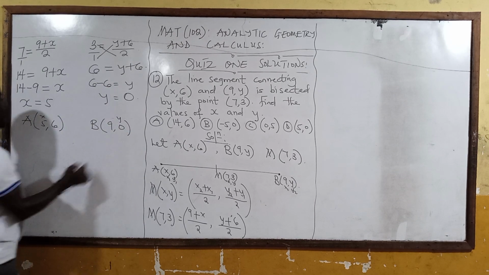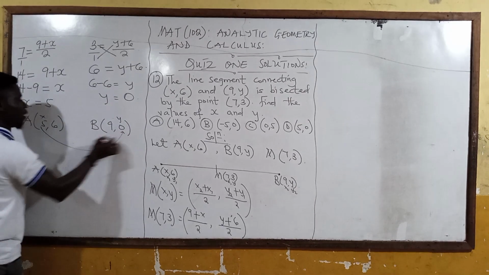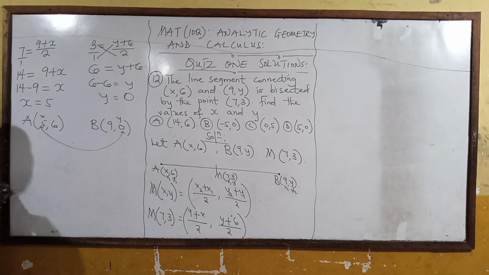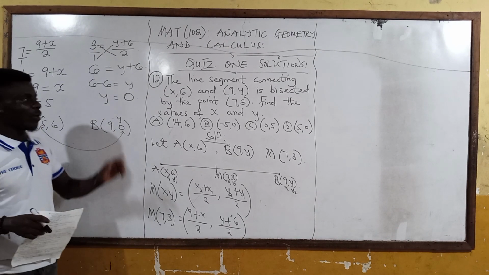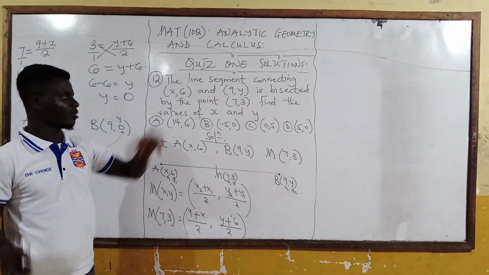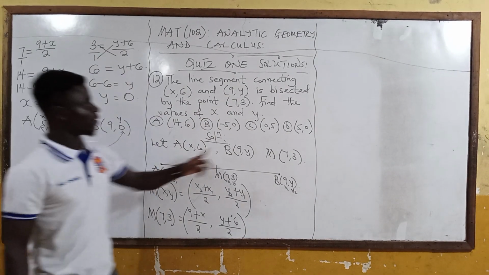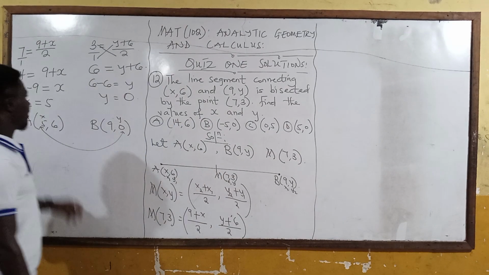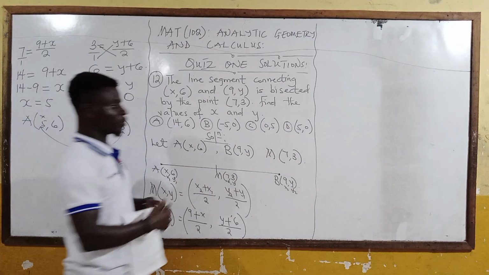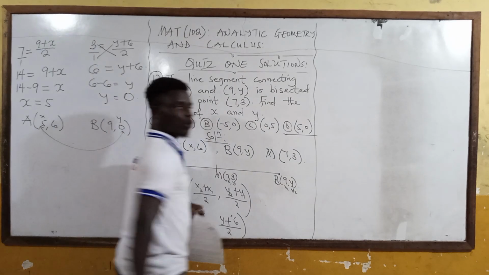So the values of x and y are 5 and 0 respectively, which is option D for dog.